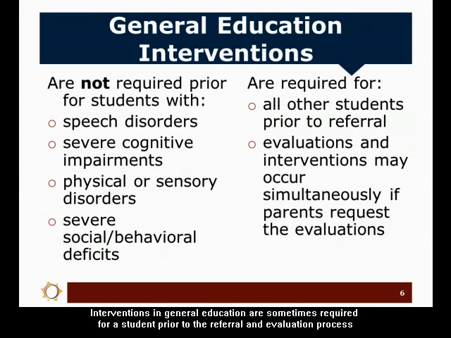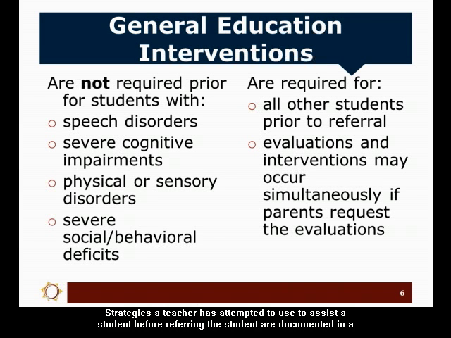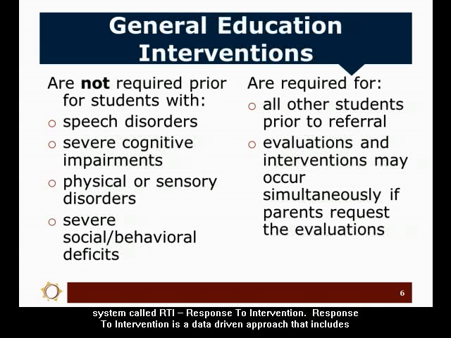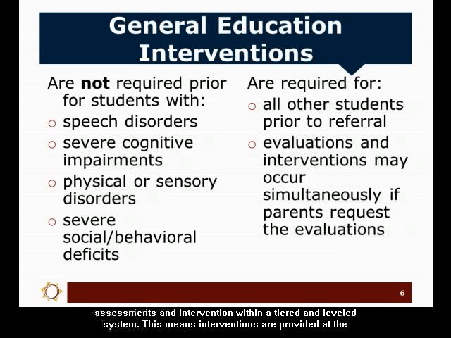Interventions in general education are sometimes required for a student prior to the referral and evaluation process going forward. In some situations, the interventions must occur at the same time as the referral and evaluations. Strategies a teacher has attempted to use to assist a student before referring the student are documented in a system called RTI, or Response to Intervention. Response to intervention is a data-driven approach that includes assessments and intervention within a tiered and leveled system.